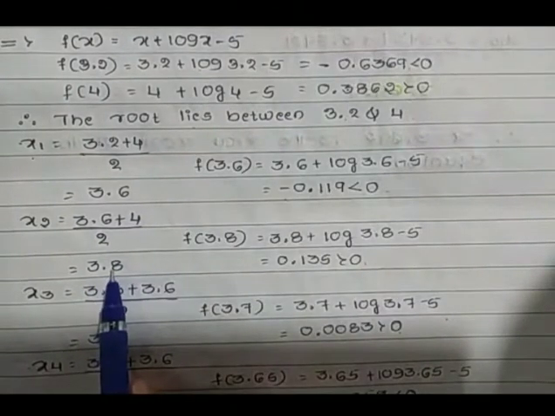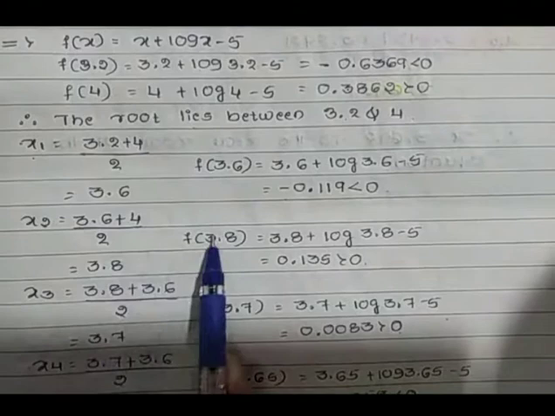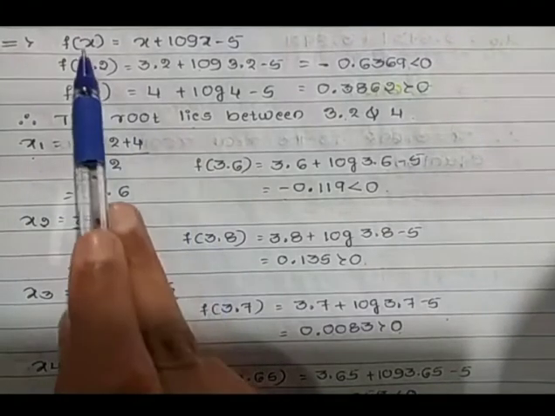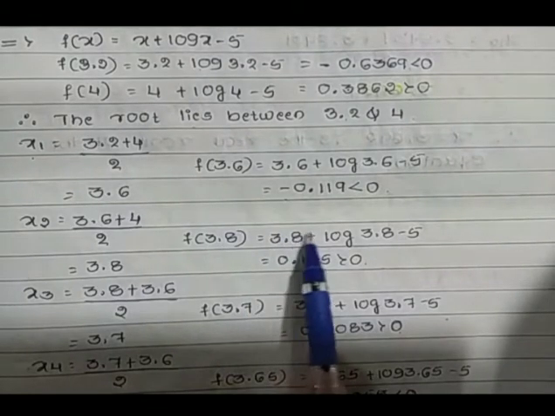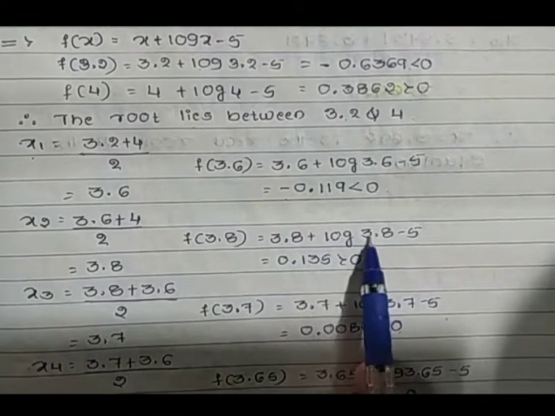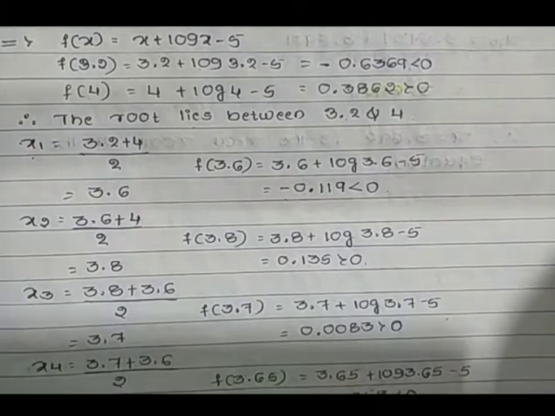Now again this 3.8 is substituted in the function. f of 3.8 is equal to 3.8 plus log of 3.8 minus 5. Using a calculator, we need to simplify this one.